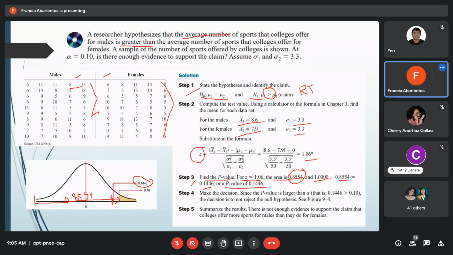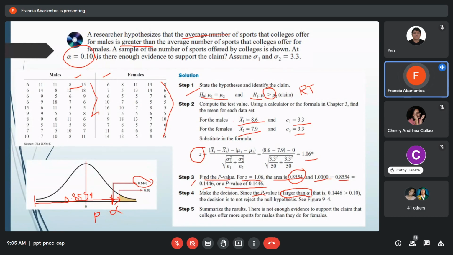Sa p-value naman class, take note, ang palaging basihan natin is the alpha. Yung alpha natin, given sa problem, is 0.1. Pag p-value class, ang i-comparean mo, ang given sa iyo is your alpha. Okay? So, pag ang p-value larger than the alpha, sabihin, do not reject the null hypothesis.